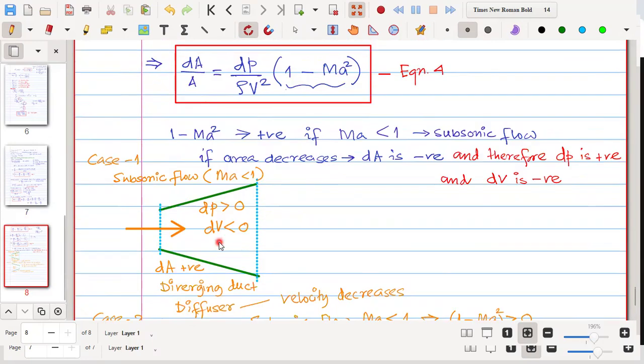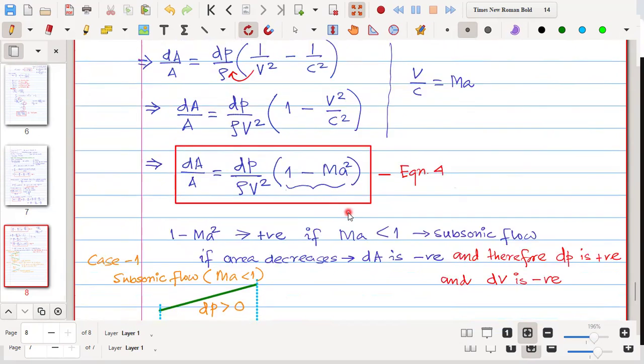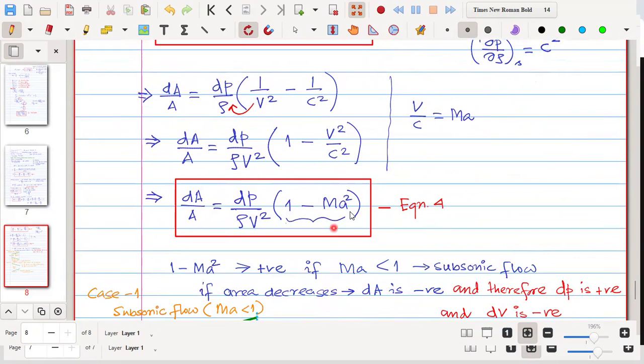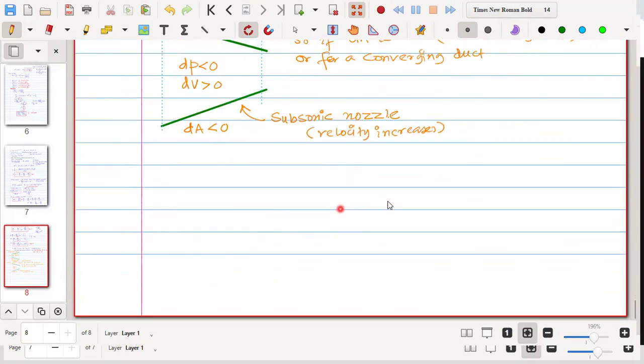So case 2. Next, we will take up the second set of cases where Mach number is greater than 1. That means supersonic flow.